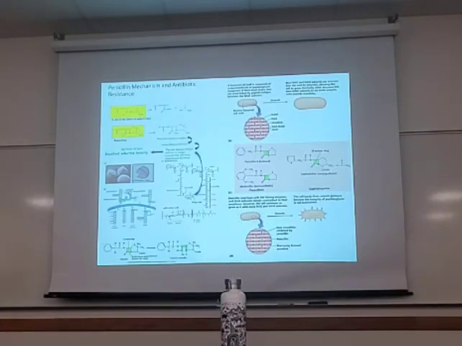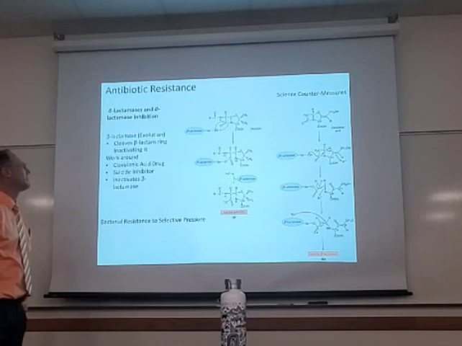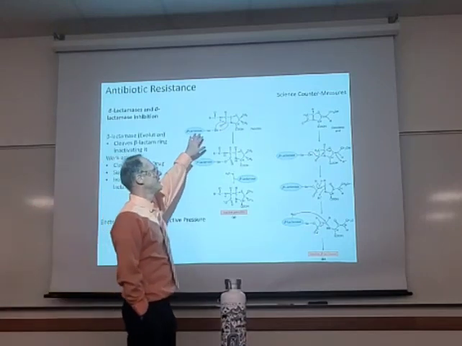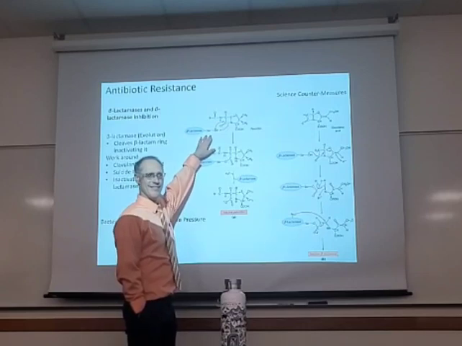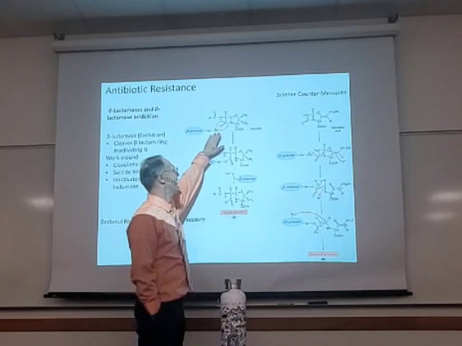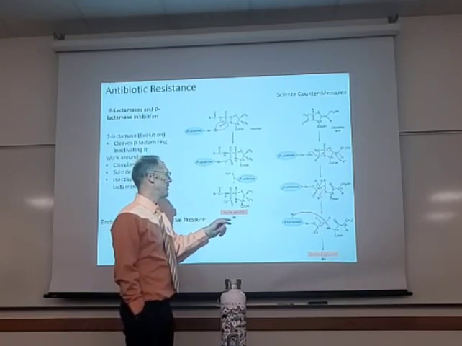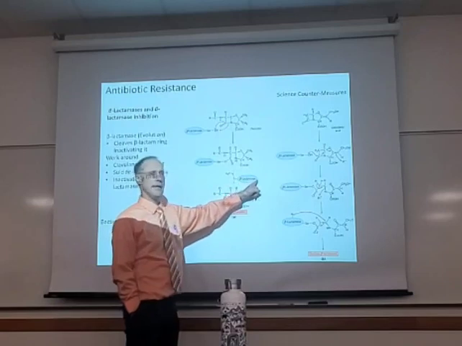Here's the problem. Antibiotic resistance. Beta-lactamase comes in. What does it do to penicillin? When I get this new enzyme called beta-lactamase, it acts the same. It attaches to it, but what is it capable of doing? It leaves.